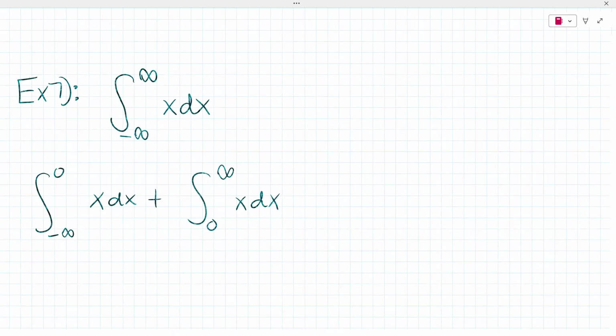Before we move on, what is the integral of x dx? This has a power of 1, so that's going to be 1/2 x squared, or you could say x squared over 2, same thing.